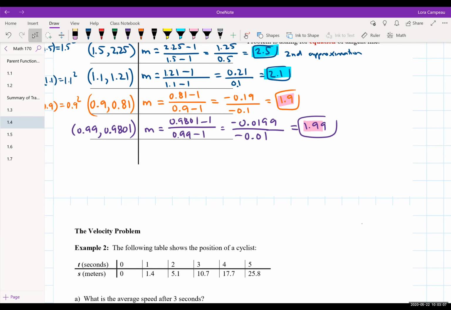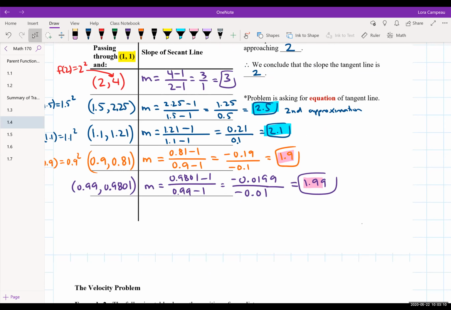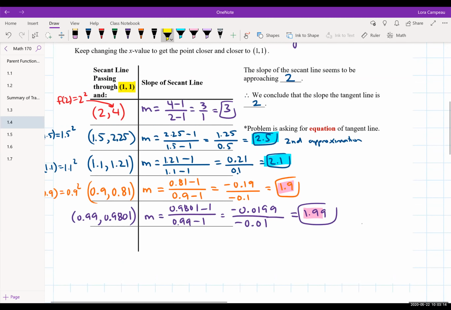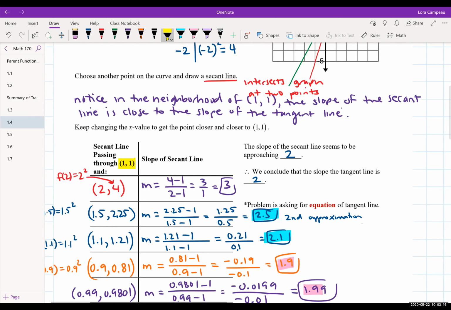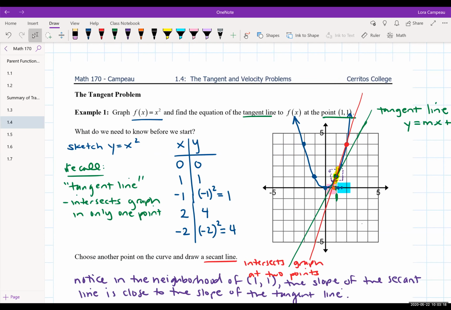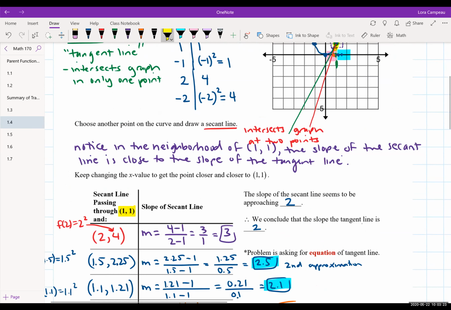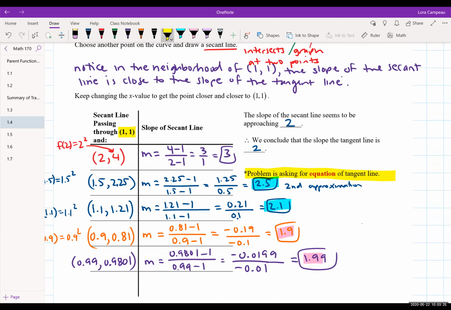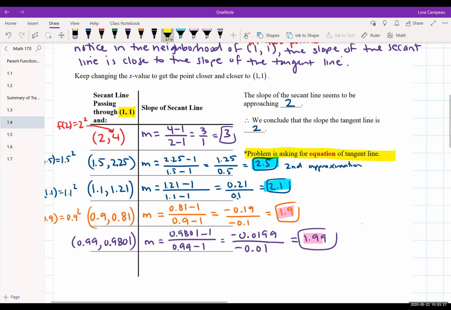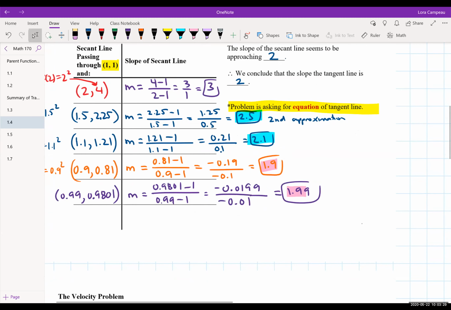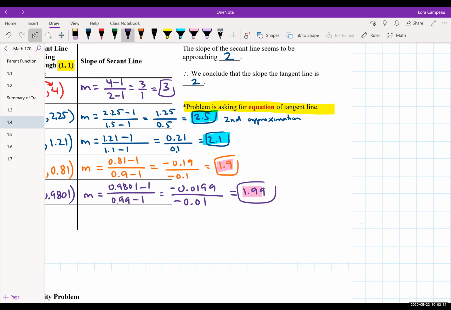Now, just be careful. I got excited and almost moved on, but we have to think: when we are trying to figure out what the equation of the tangent line is, they asked for the equation. They didn't just ask for the slope. So I also want to remind myself, the problem was asking for the equation of the tangent line. So if we kind of have a recall for us, if we were looking for the equation, I'll write this up to the side.